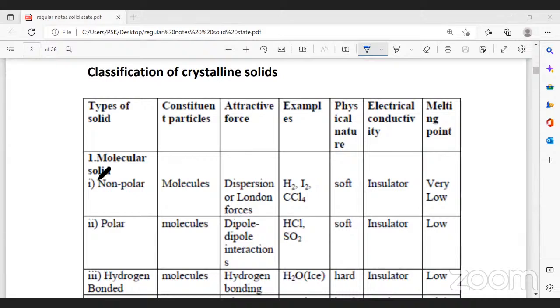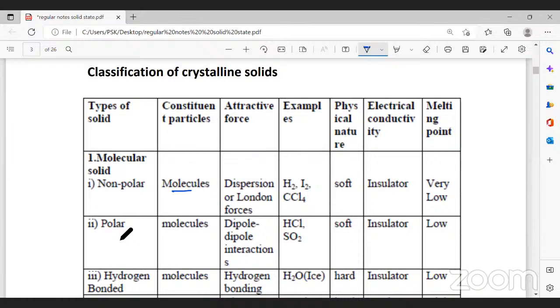One is a molecular solid, where the constituent particles are molecules. There are 2 types of molecular solids, non-polar and polar. Non-polar are molecular solids made of similar atoms, for example hydrogen, iodine, carbon tetrachloride, etc. They are soft, they are insulators, they don't conduct electricity, and they have very low melting point.